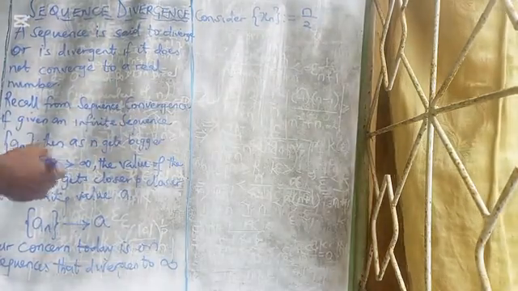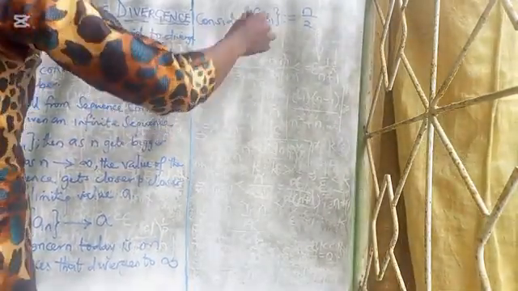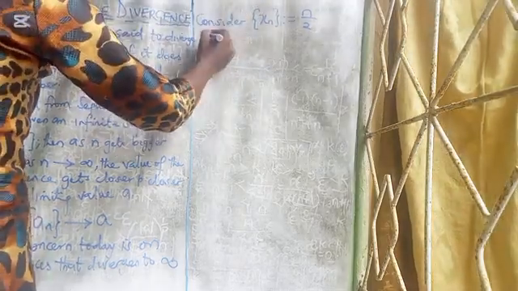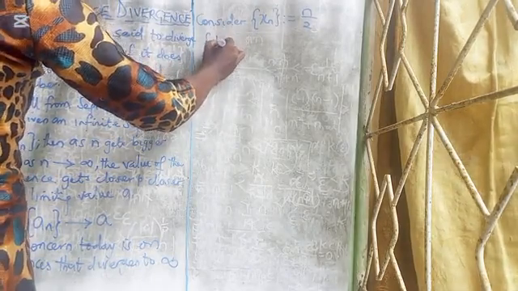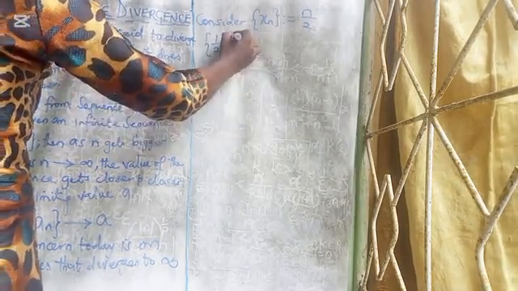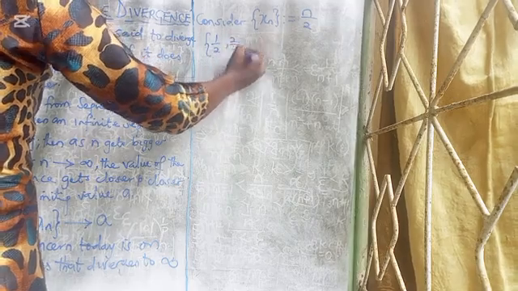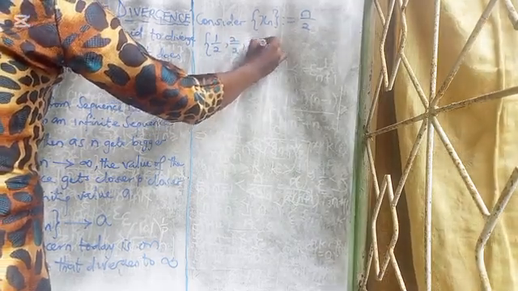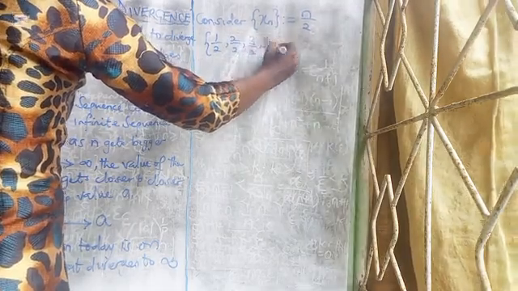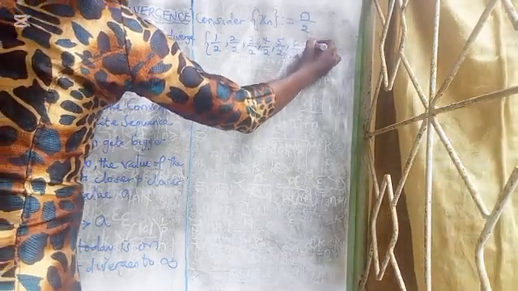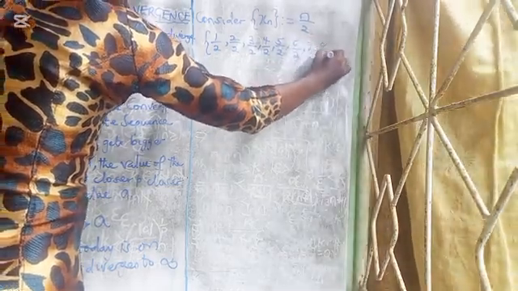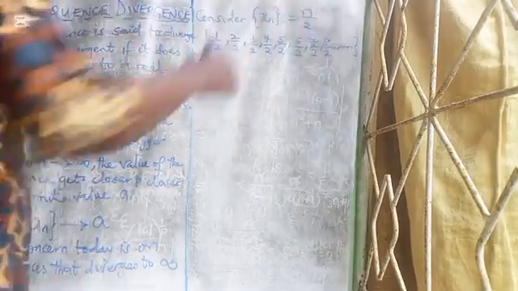What happens to that sequence as n gets bigger and bigger? Let's consider the terms of the sequence: 1 over 2, 2 over 2, 3 over 2, 4 over 2, 5 over 2, 6 over 2, 7 over 2, 8 over 2, and it continues like that to infinity.